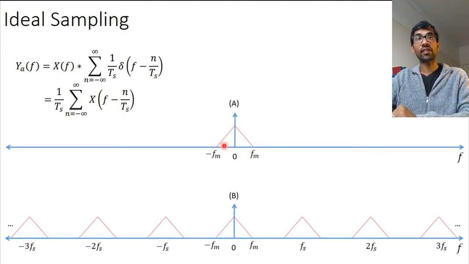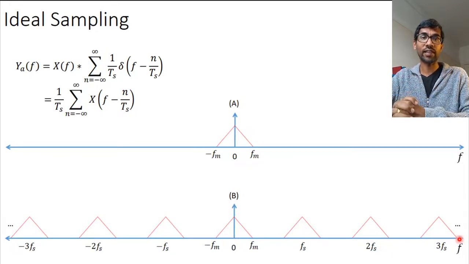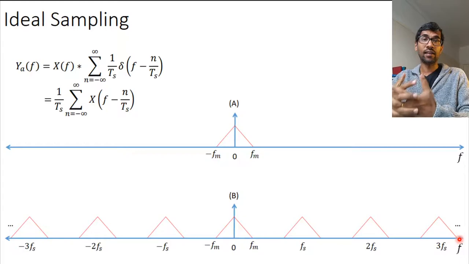If you sample it such that your sampling frequency is at least twice the maximum frequency in the signal, which here is f_m, then you get replicates of this band limited spectrum again and again at multiples of the sampling frequency. We've looked at this already, and I hope this concept is clear to you.